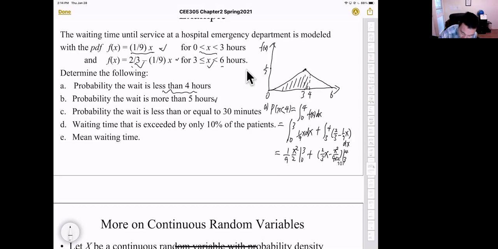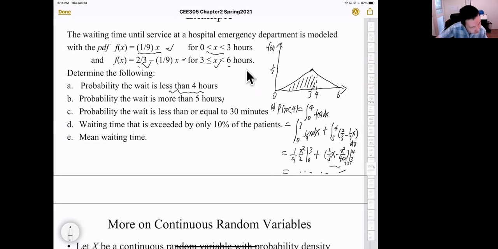And then the remaining you know how to do. So plug 3 into x minus plug 0 into x, and for this part, plug 4 into x minus plug 3 into x. So this is a math question.